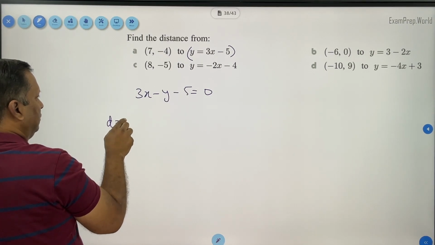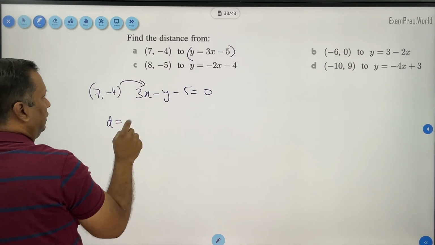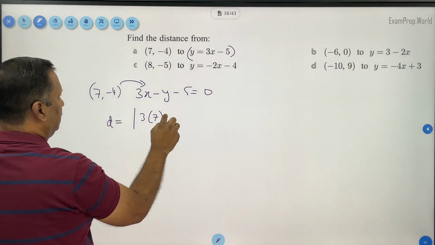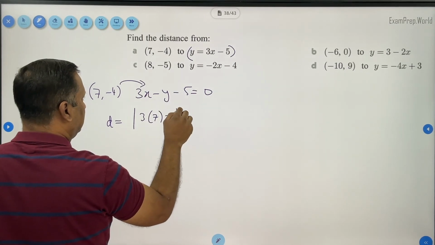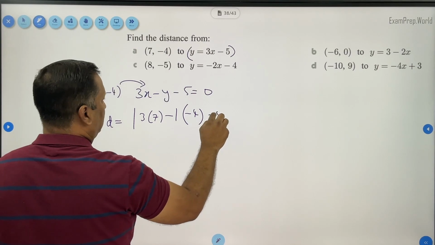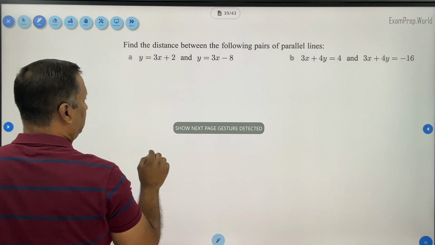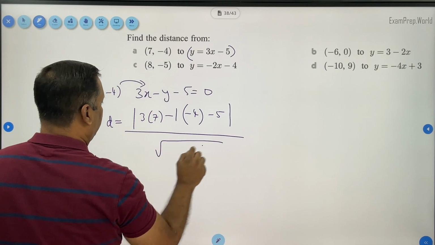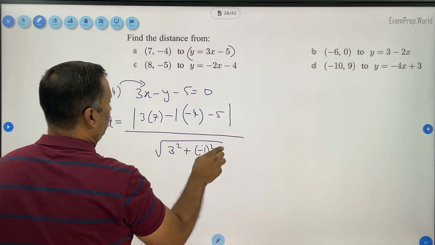So the distance from 7 comma minus 4 to this line will be mod of 3 times 7, instead of x we put 7, minus y, b is negative 1, into, instead of y we will put negative 4, and minus 5 as it is, divide by root of 3 square plus minus 1 square, a and b.